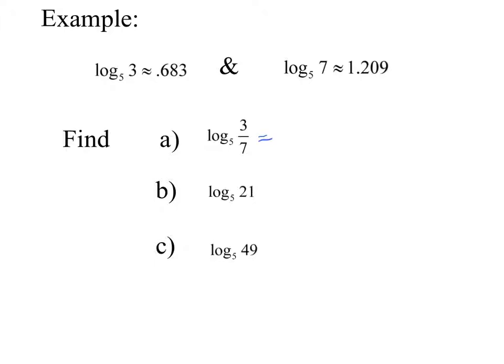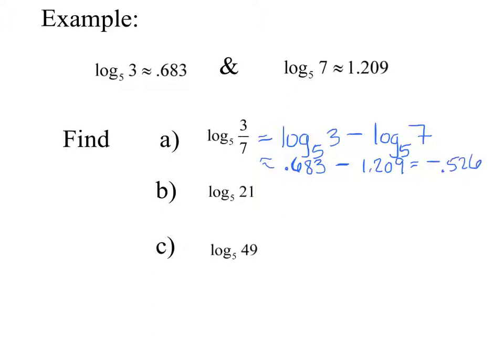So I will rewrite this as log base 5 of the first thing, 3, minus, because this is a divide problem, log base 5 of the second thing, 7, which means now I can replace log base 5 of 3 with 0.683 minus, I can replace log base 5 of 7 with 1.209, and then we can just use a calculator to do the subtraction. So 0.683 minus 1.209, and we get negative 0.526.